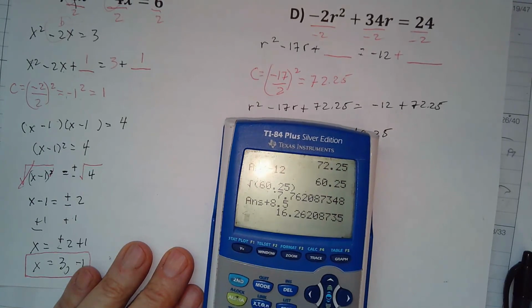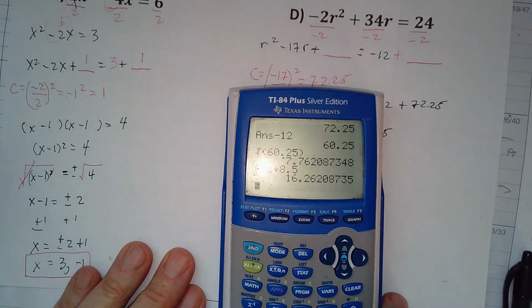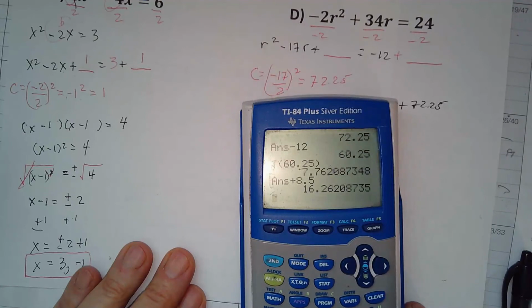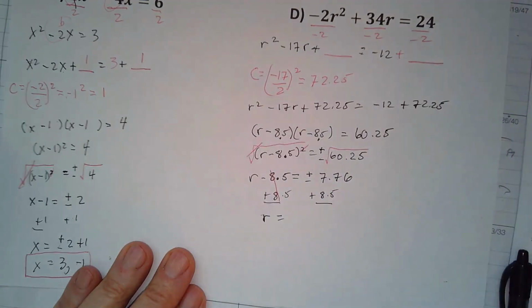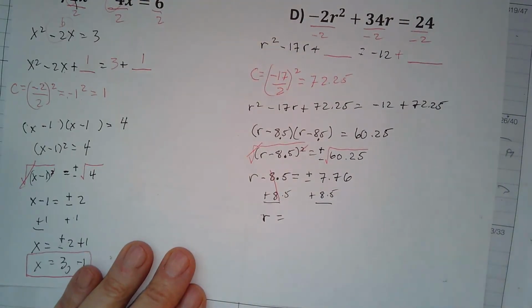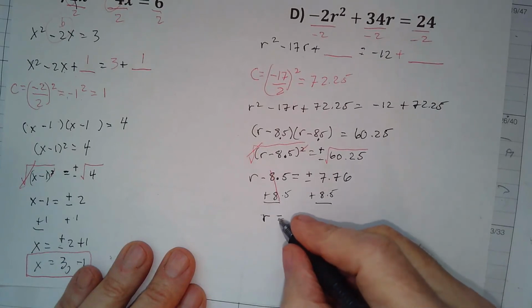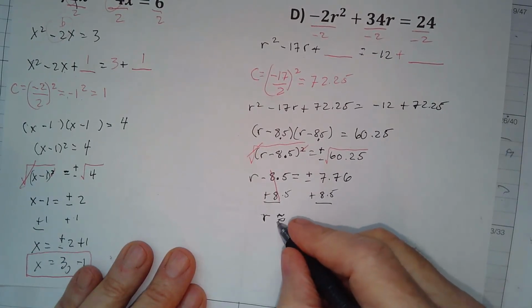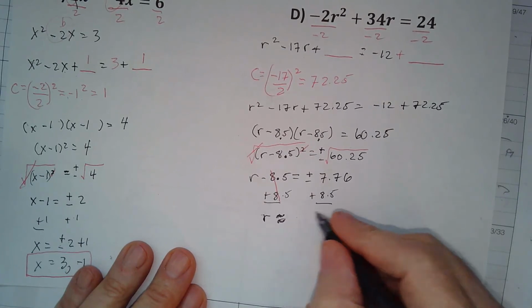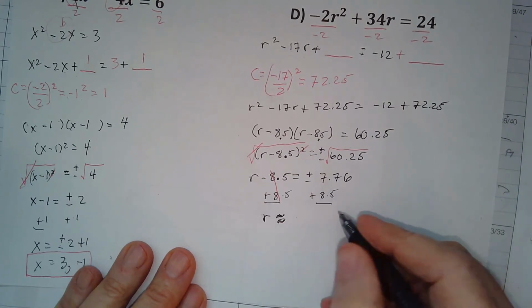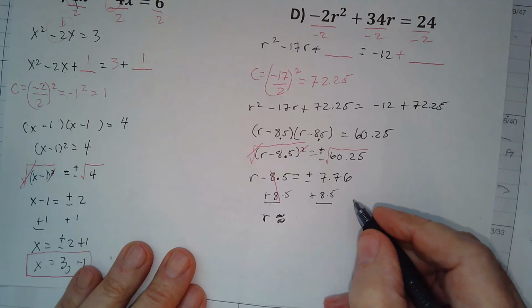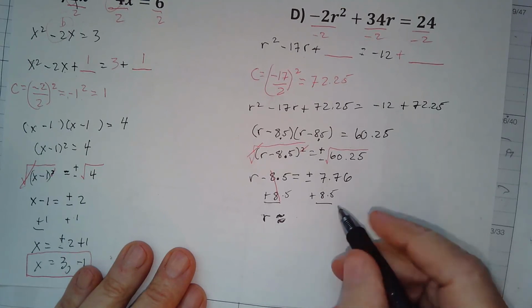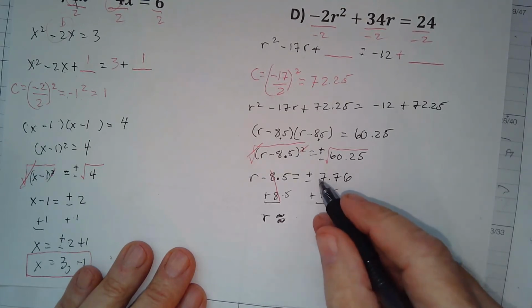Would we agree? Yes, so 16.26. Now this is approximate, so I'm going to use a wavy line here. Now we've got to remember we've got plus or minus.